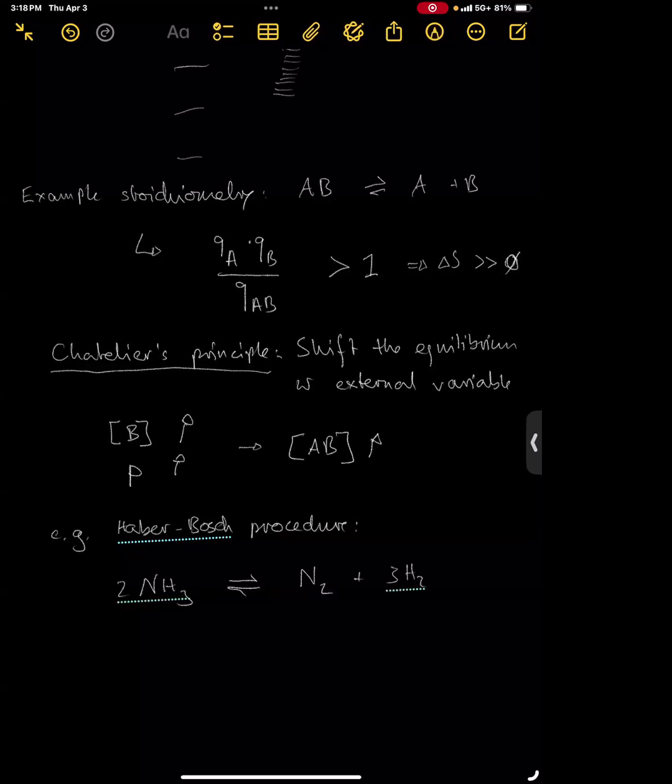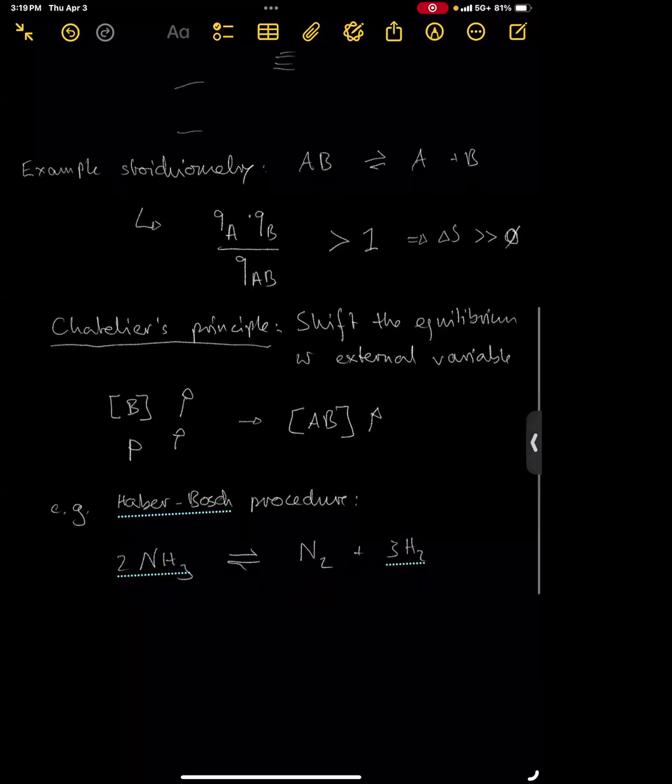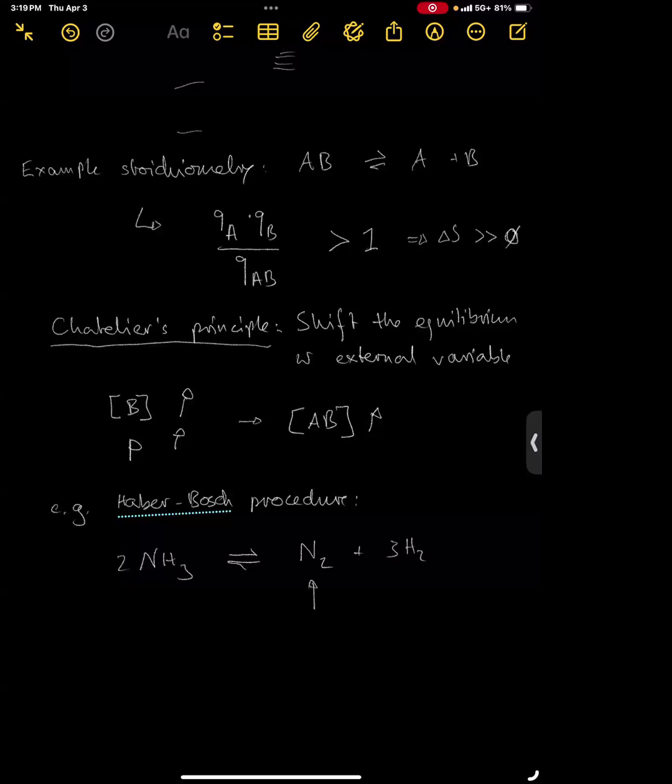Now, ammonia is a very precious starting material for fertilizers and chemical industry. So that's highly valuable. Molecular nitrogen is abundant in our atmosphere, and H2 is precious.